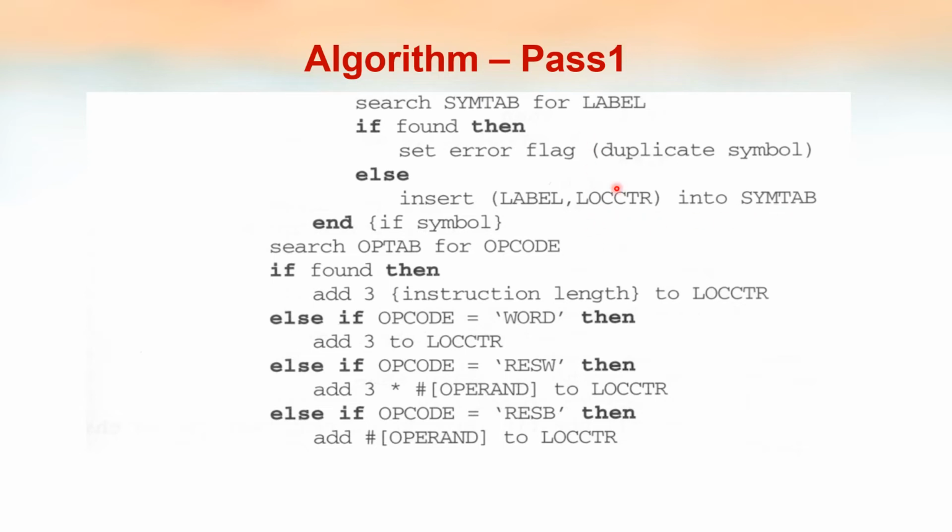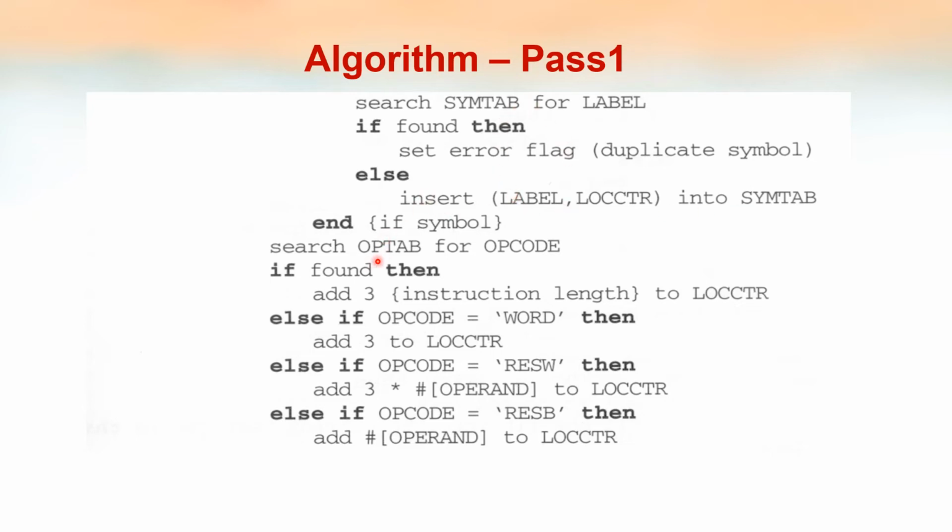Before entering into the SymTab, we check whether that symbol is already there in the SymTab. If it is already there, it's a duplicate entry, so we show the error: set error flag, duplicate symbol. Otherwise, we insert the label and the location counter address value into the SymTab. So that is about checking the label field.